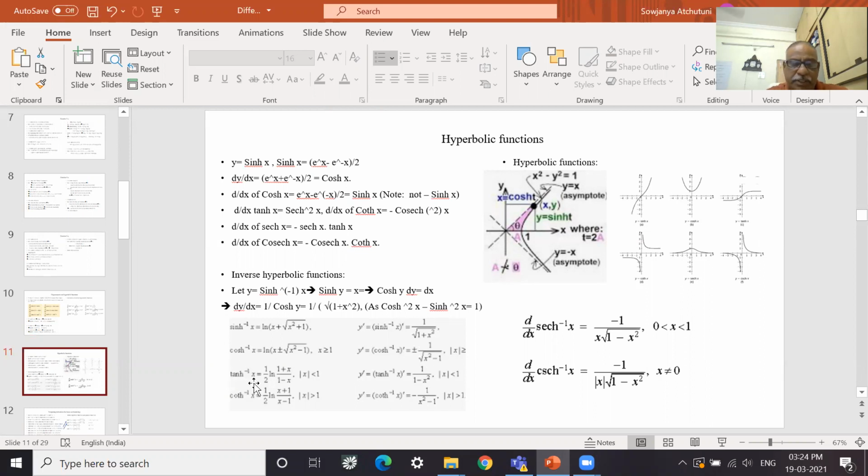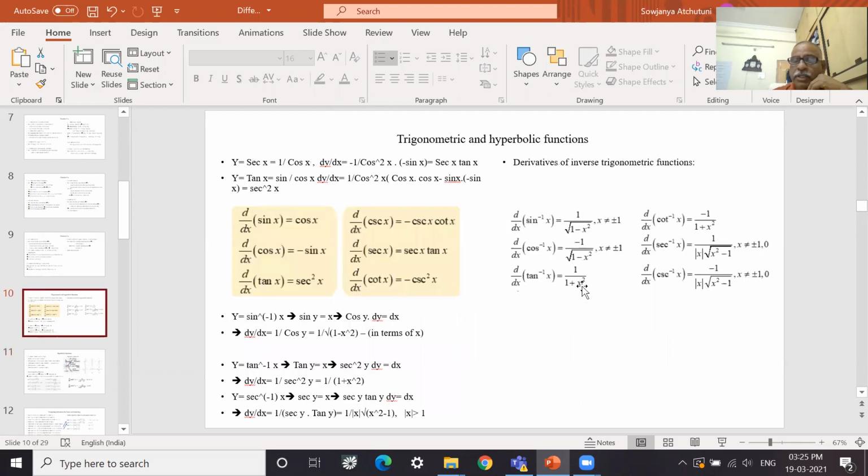Tanh inverse x is defined as half log of (1 plus x) by (1 minus x). Its derivative is 1 by 1 minus x squared. Note that 1 by 1 plus x squared is tan inverse x, and 1 by 1 minus x squared is tanh inverse x.